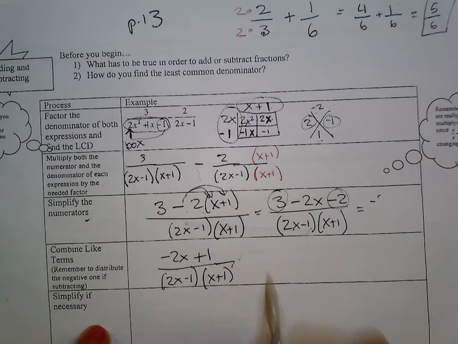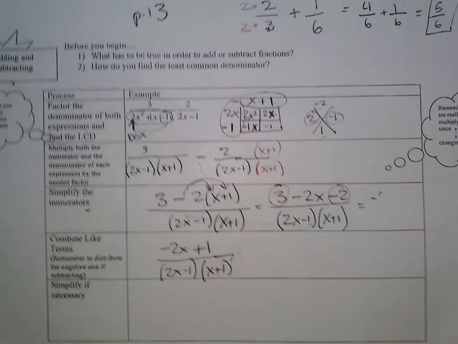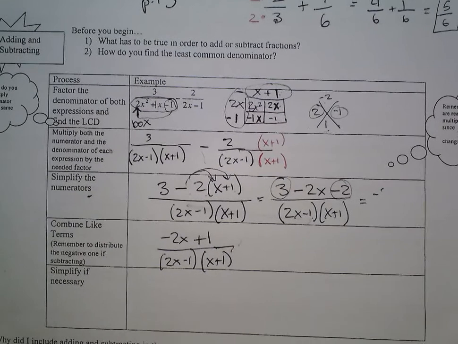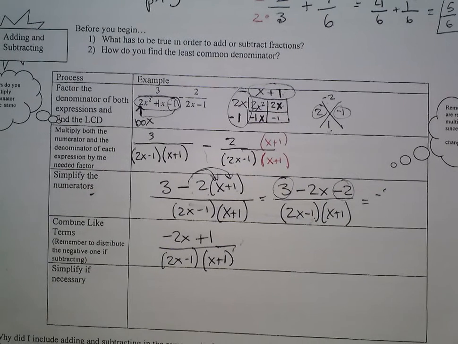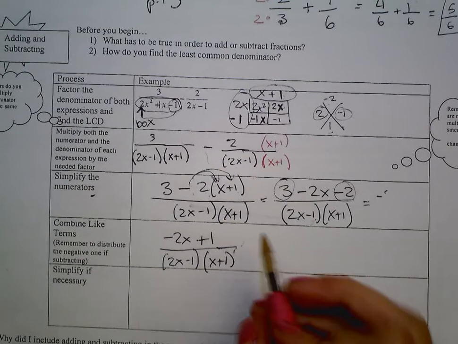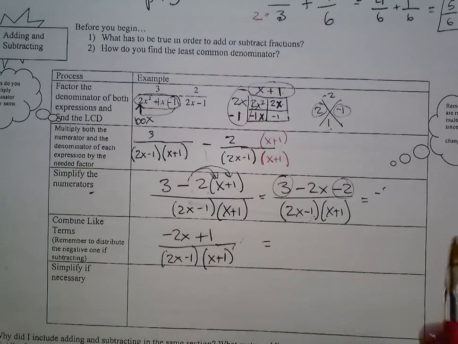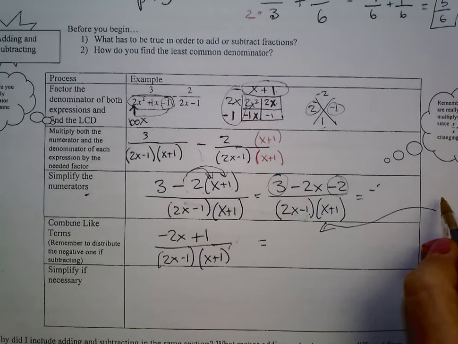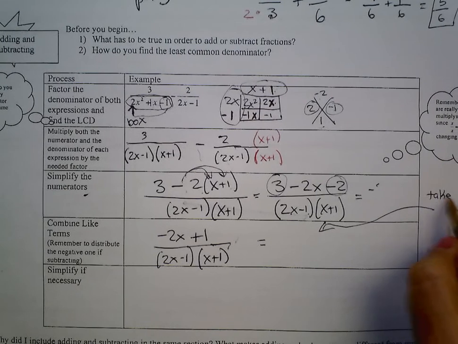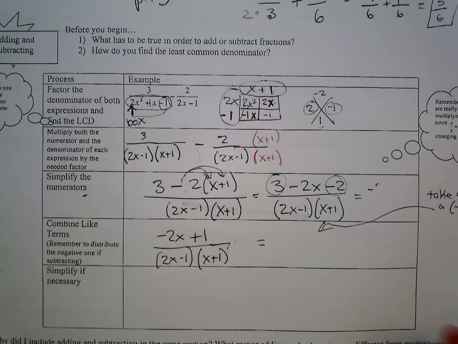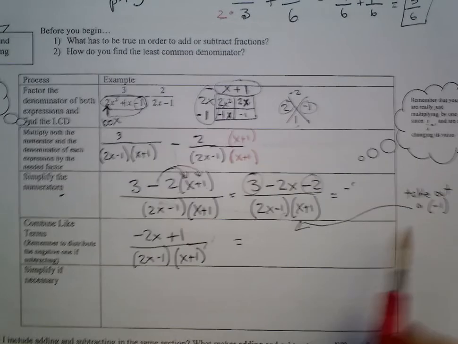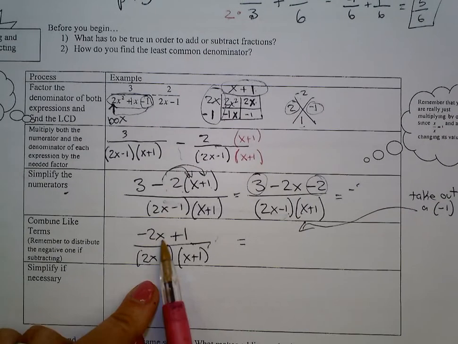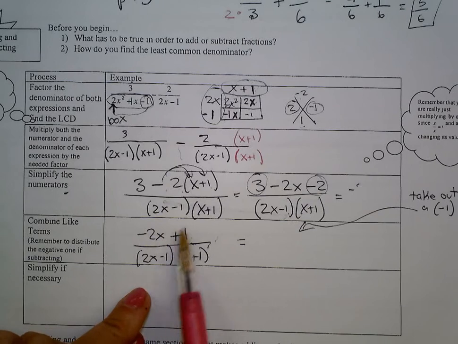Here's the really tricky thing about this problem that's important for everyone to know. It's this idea of taking out a negative 1. The reason why, I noticed that negative 2x plus 1, that's so close to crossing these out.